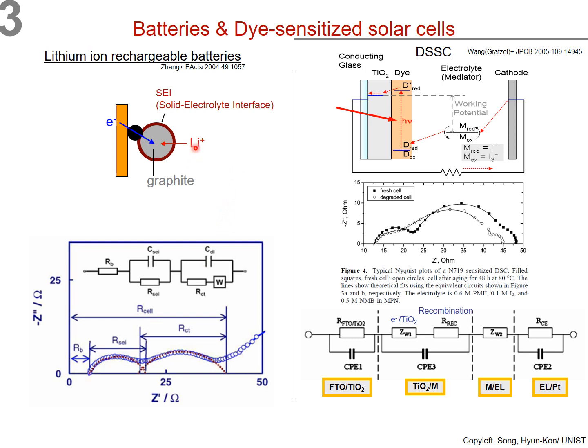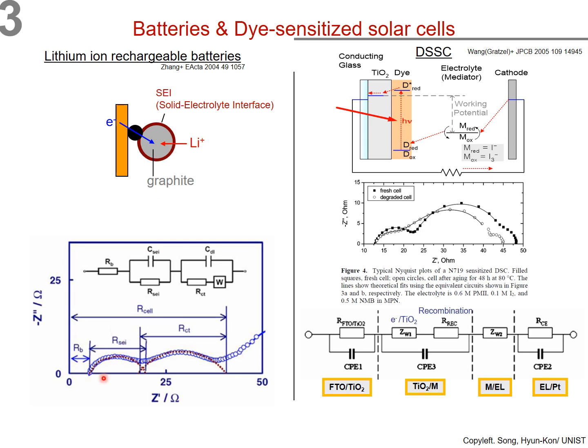And then the first interface the lithium ion should cross is the electrolyte and SEI layer interface. So the lithium ion jumps into the SEI layer with the help of an electron.